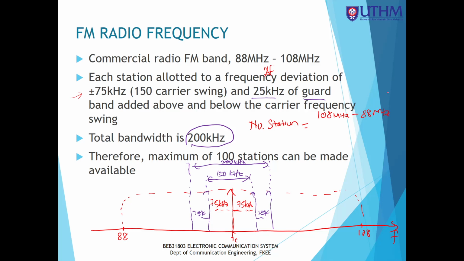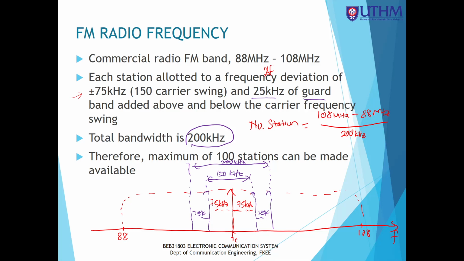This is the total band for the FM, and we divide the total band by the channel bandwidth. Each channel has 200 kilohertz of bandwidth. One channel, 200.